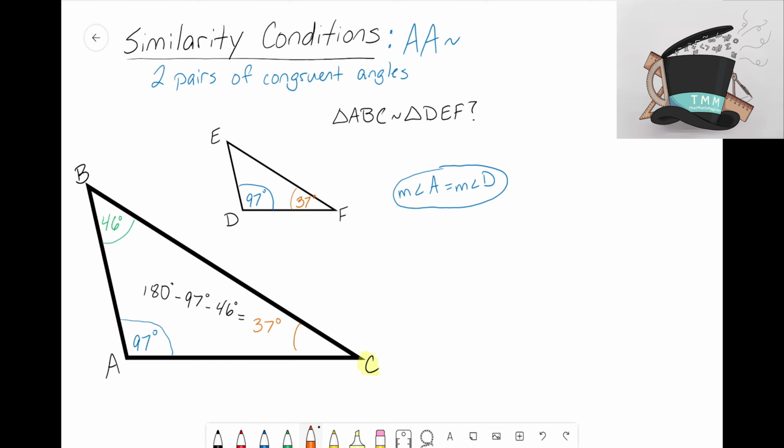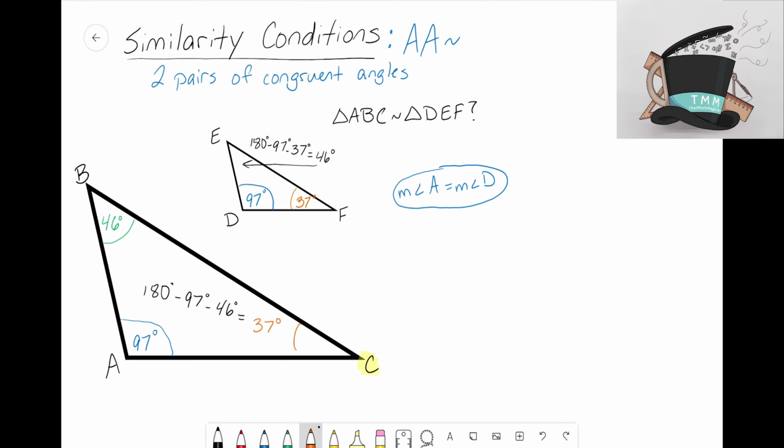So we're now showing that angle C is 37 degrees, just like angle F. On this top triangle, we could use that same logic: take 180 degrees, subtract the 97, subtract the 37, and we will also end up with 46 degrees, which would be angle E. You can do this whenever you know two angles. If you know two angles of a triangle, you can always find the third.